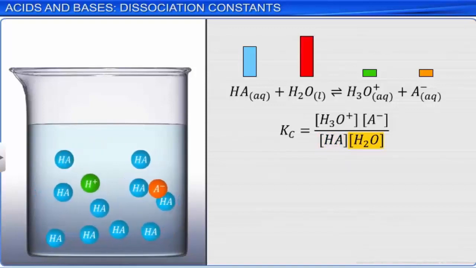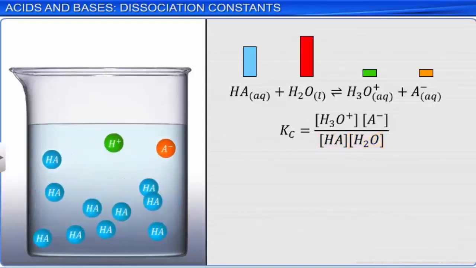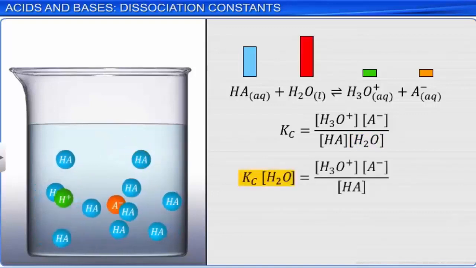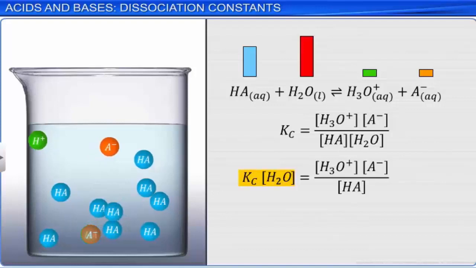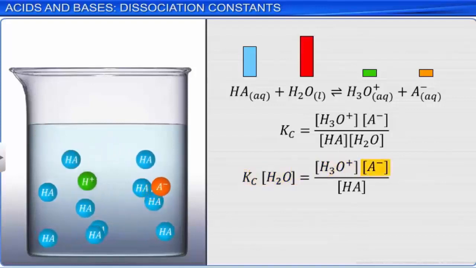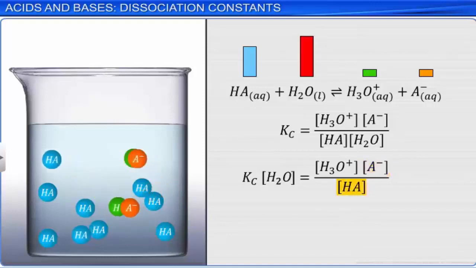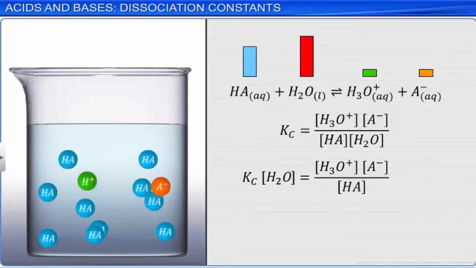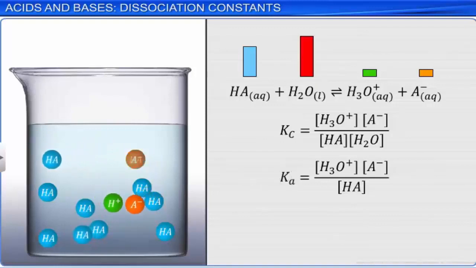Hence, it may be written as Kc into H2O is equal to the product of concentration of H3O plus and A minus ions, divided by the concentration of HA. Since Kc and concentration of water both are constants, their product is also constant, and it can be taken as Ka, that is, Ka is the dissociation constant of weak acid.